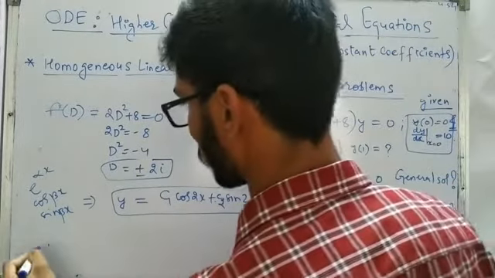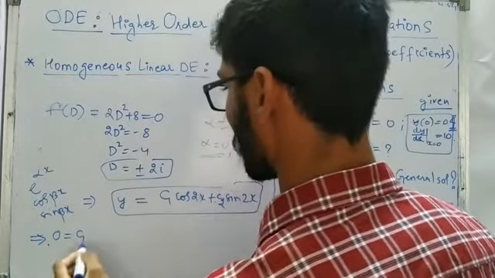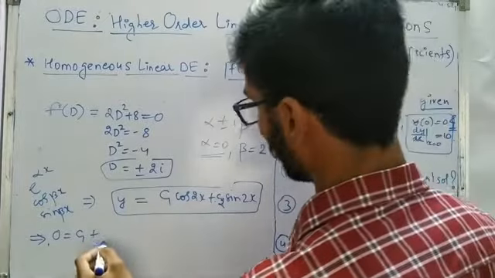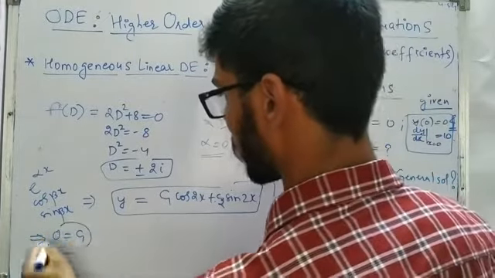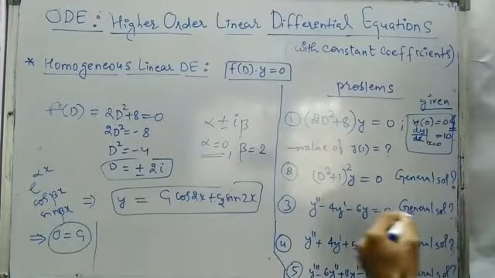So y of 0 is equal to 0, so put x equal to 0 and y should be 0. So c1 cos 0 is nothing but 1 and c2 sin 0 is 0. So c1 is going to be 0 from condition number 1, and from condition number 2, at x equal to 0 dy by dx has to be 10.